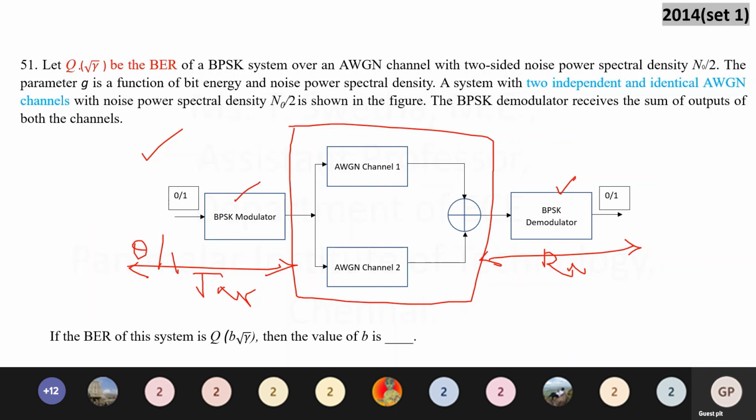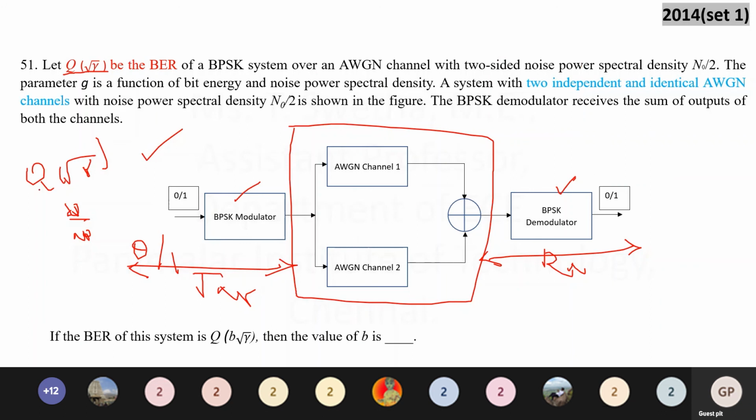Now we'll read about a normal BPSK system. The bit error rate function is Q of root gamma, where gamma is signal power divided by noise power, that is Eb by N0, over an AWGN channel with two-sided PSD N0 by 2.